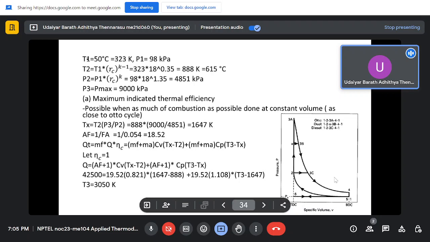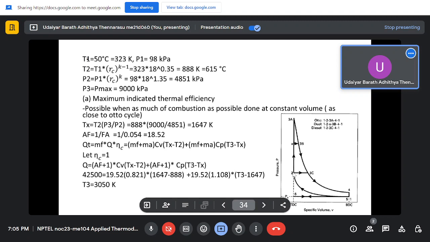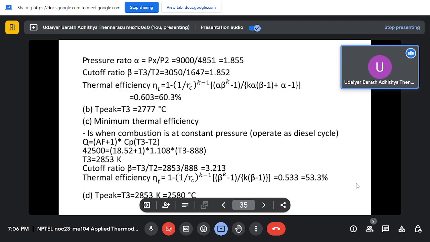The minimum thermal efficiency can be obtained when the whole heat addition is given at constant pressure. So after reaching state 2, instead of adding heat at constant volume, we do it at constant pressure and operate as a diesel cycle, 1, 2, 3, 4.